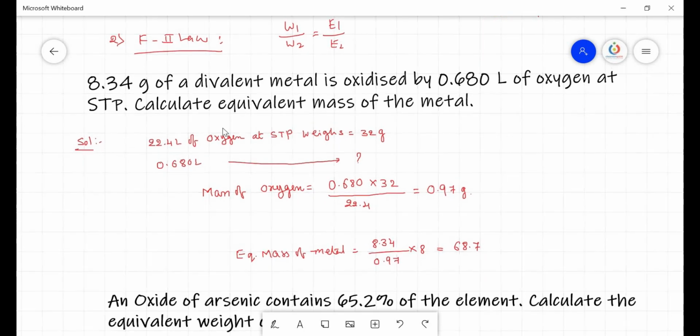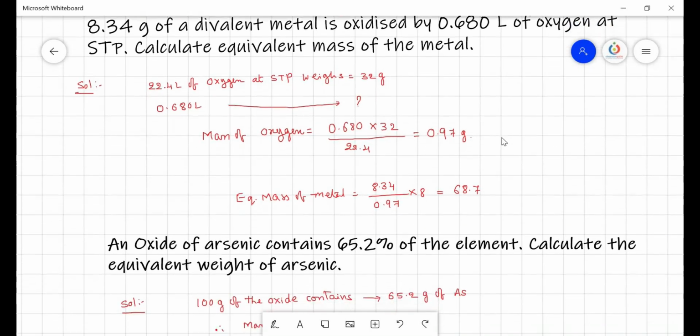Here the mass of the metal is 8.34, but we know that 22.4 liters of oxygen at STP has a mass of 32 grams, as it is 1 mole. So the mass of 0.680 liters of oxygen, by cross multiplication, is 0.680 into 32 by 22.4. We got 0.97 grams.